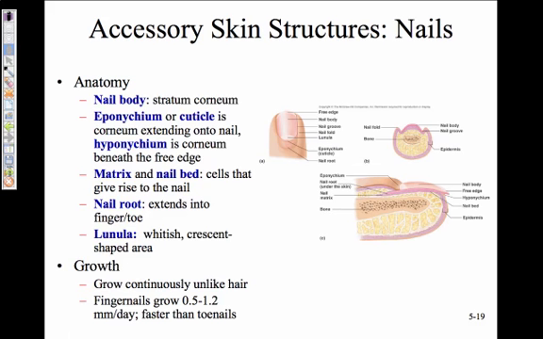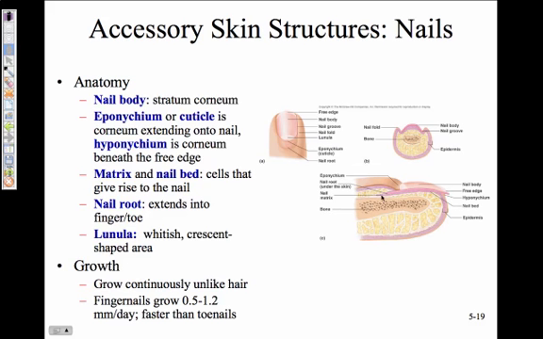That's the hyponychium. The matrix and nail bed are cells that give rise to the nail itself. The nail bed is right underneath the nail, and the matrix is right back at the end. It would be the proximal end of the nail bed. The nail root extends back into the finger and toe.